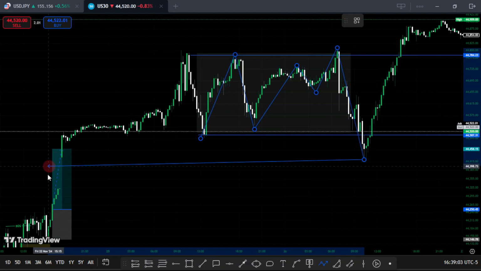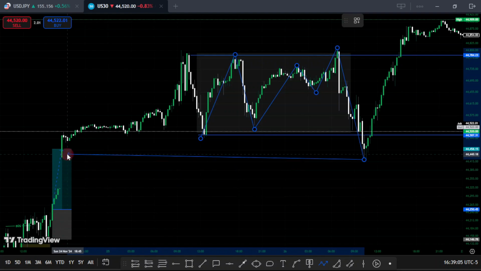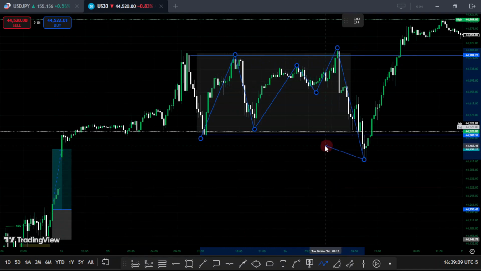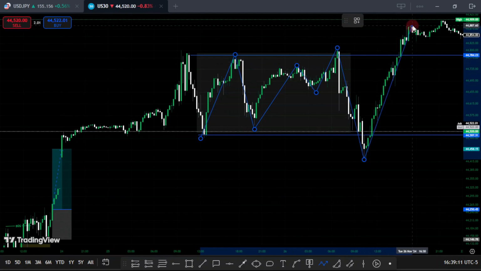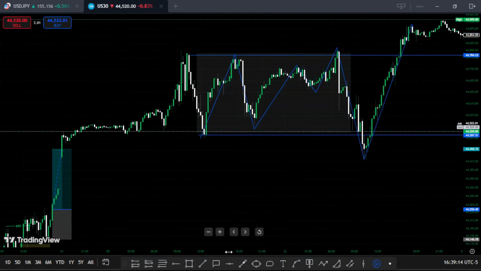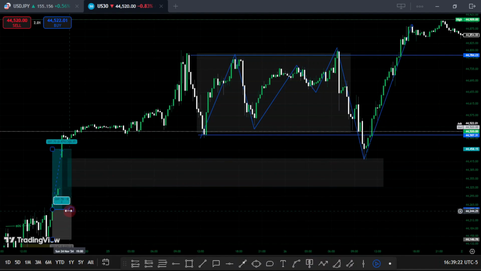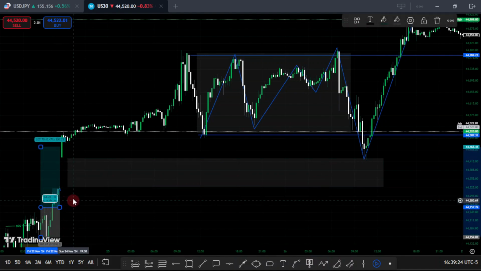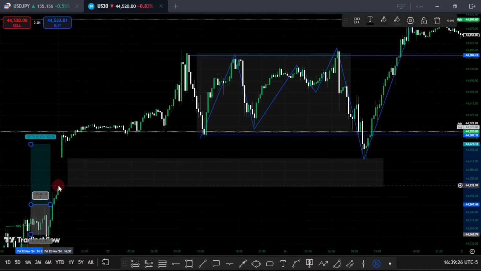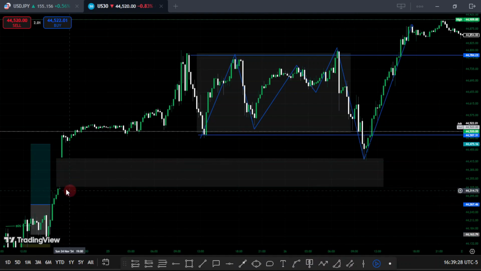Think of this as a fair value gap because it's a gap, but this is called a volume imbalance. Price fills the volume imbalance, and then price expands above. Between this candle and this candle, this is a volume imbalance.